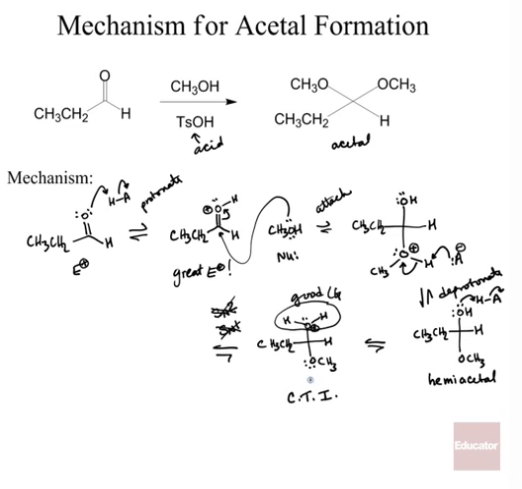And so what happens with CTIs is they collapse. And the collapse of a CTI looks like this. The leaving group leaves, but it doesn't just leave on its own. It leaves with the assistance of that second group. So we use these two arrows to help push the leaving group out, and let's see where that brings us.